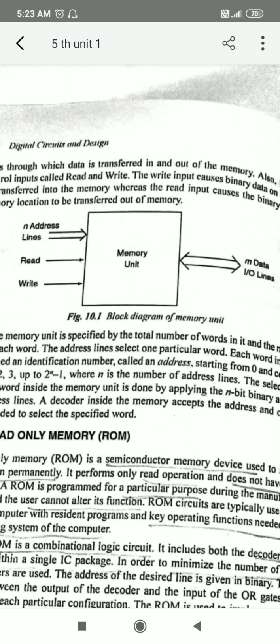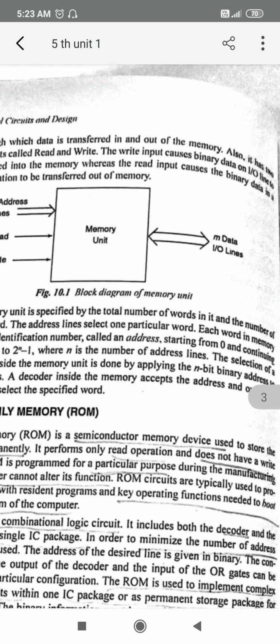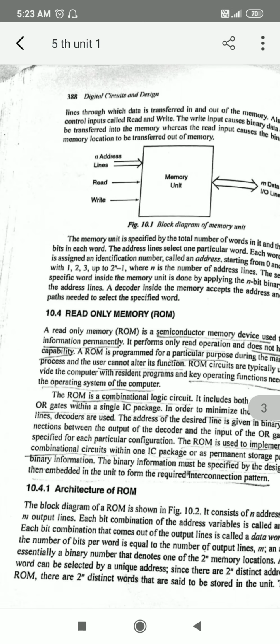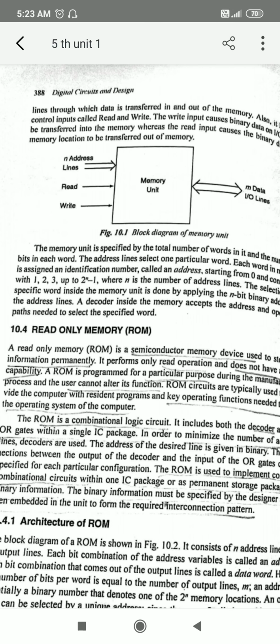So n address lines, then the extra lines are the read line and the write line. And at the output side we have m data output lines. Please go through this block diagram.